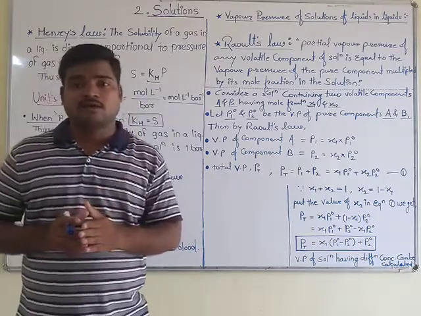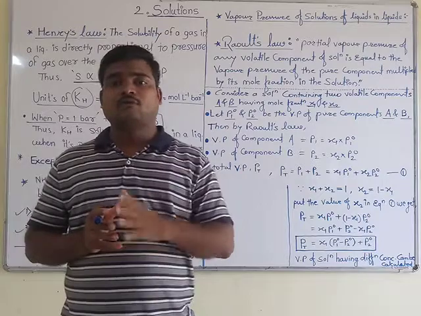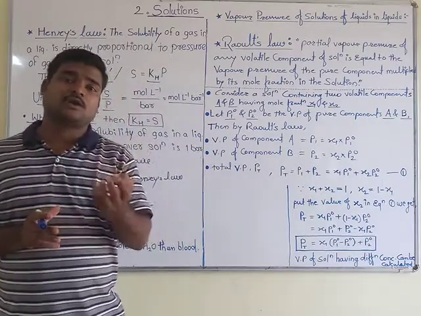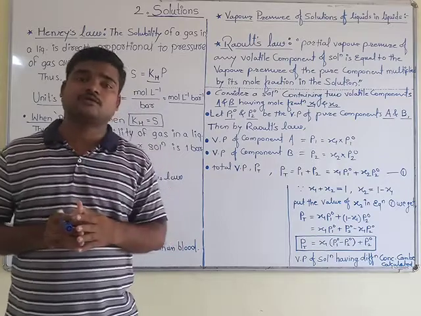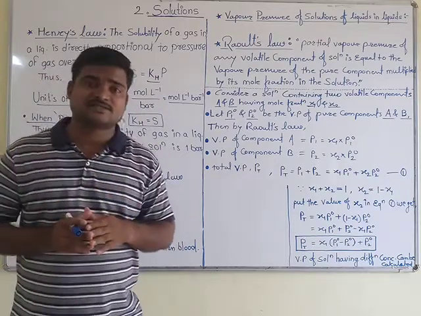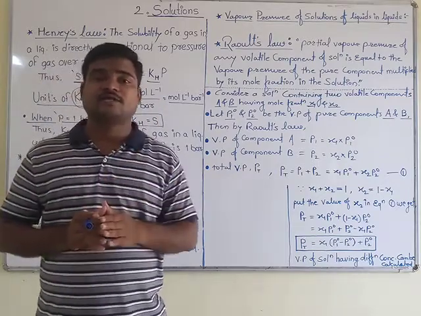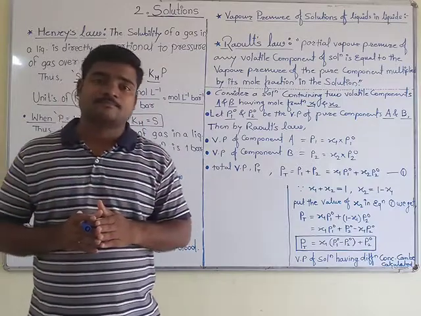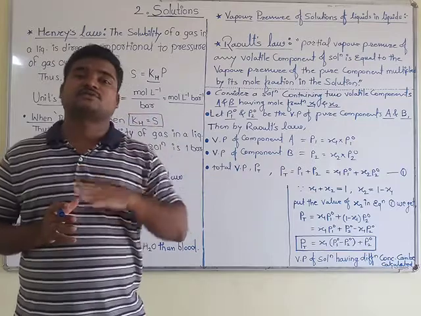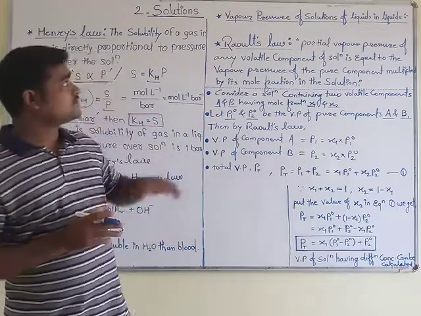But for non-volatile liquids, the molecules escaping from that liquid are fewer in number, therefore we say the liquid is of non-volatile type. Means in that case vapor pressure will be low.